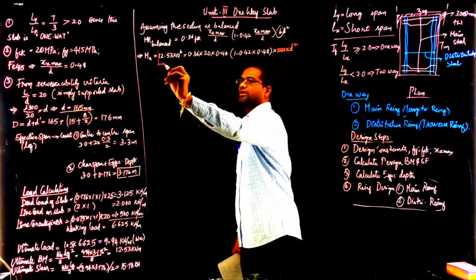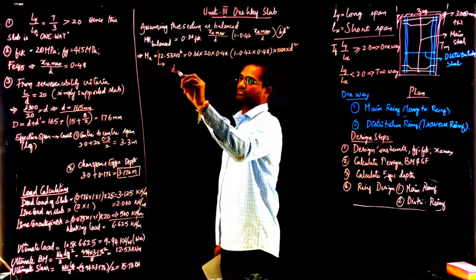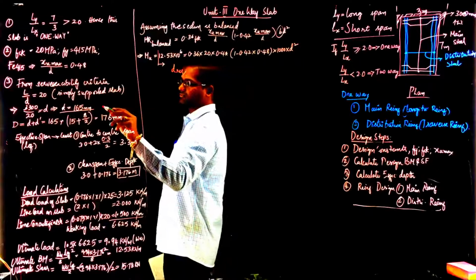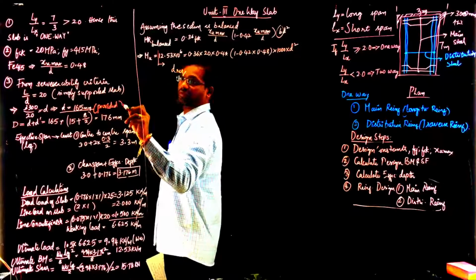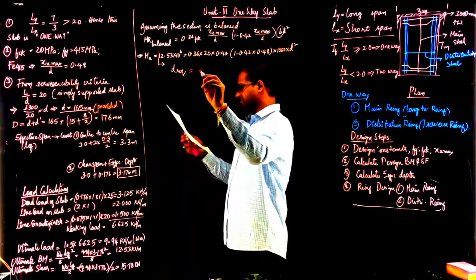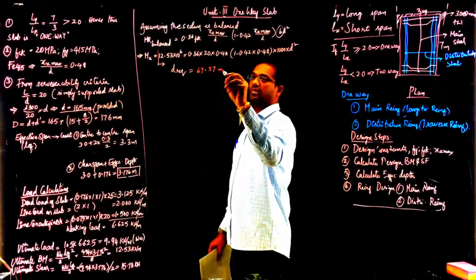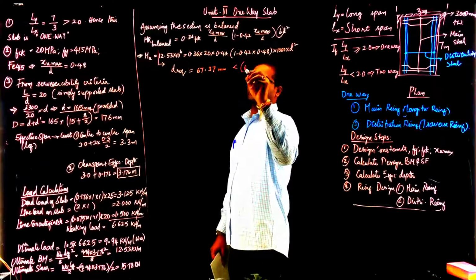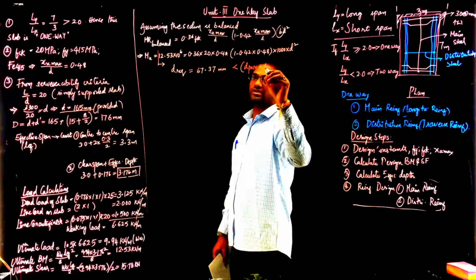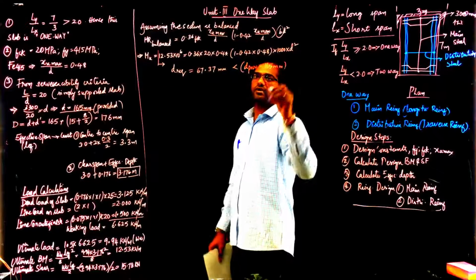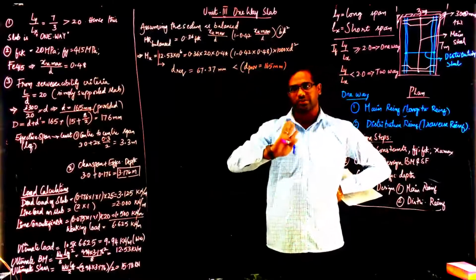Now if we solve that, the required depth comes as 67.37 mm, whereas the provided depth is much more, which is better because it is on the safe side. Only 67 is required, but we have provided 165, so it is safe.